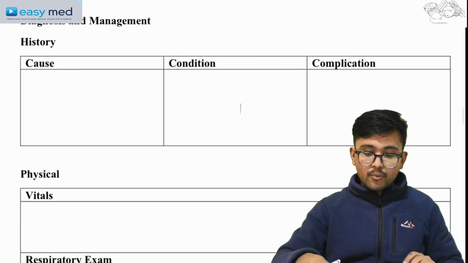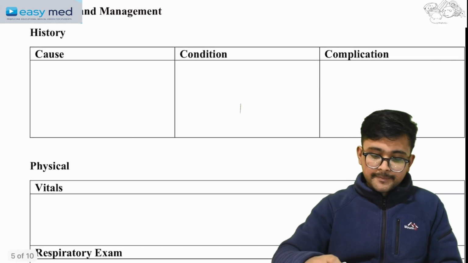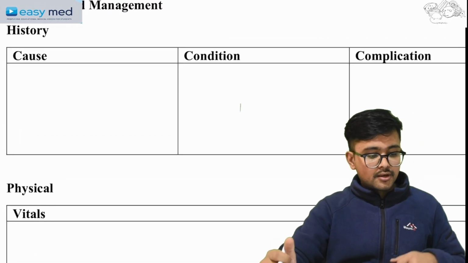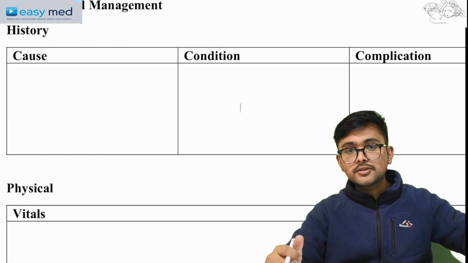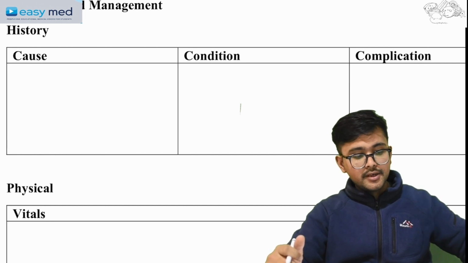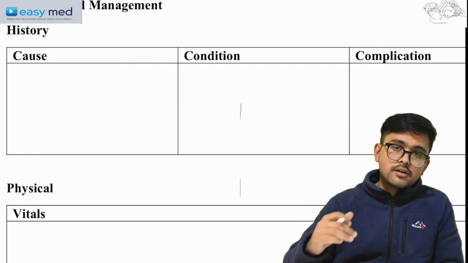And let us look at what a patient would present with when they come to you with pneumothorax. And with every condition, I would suggest you study based on the cause, condition, and complication.